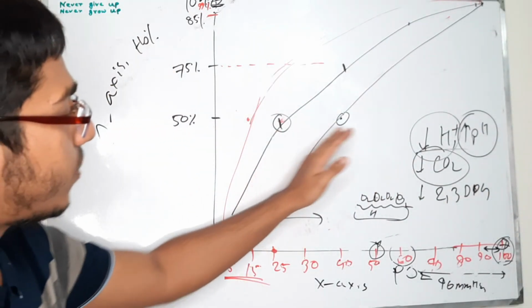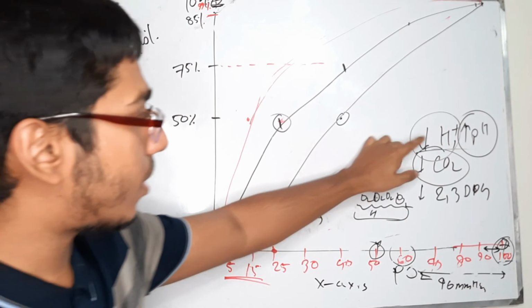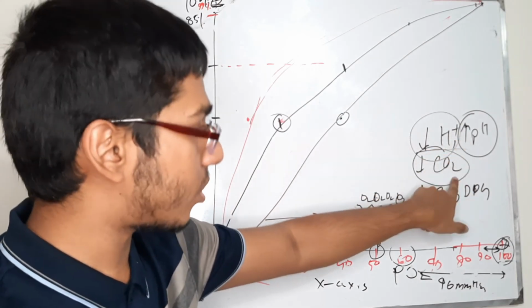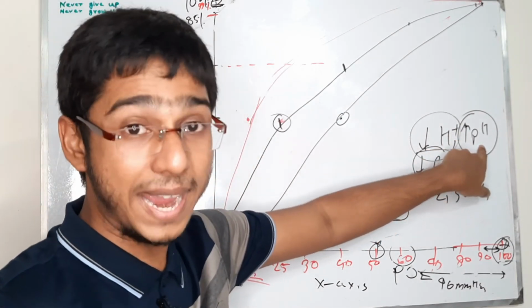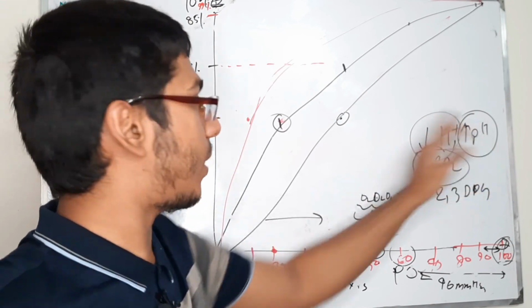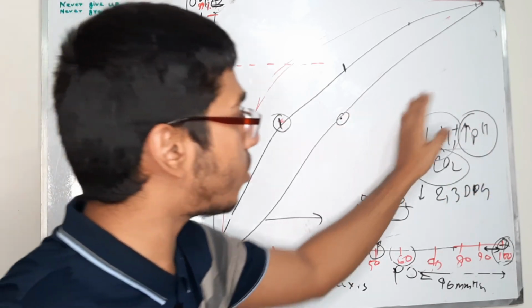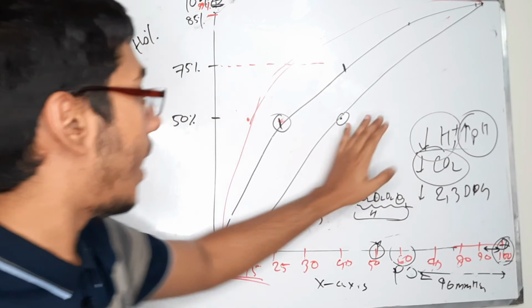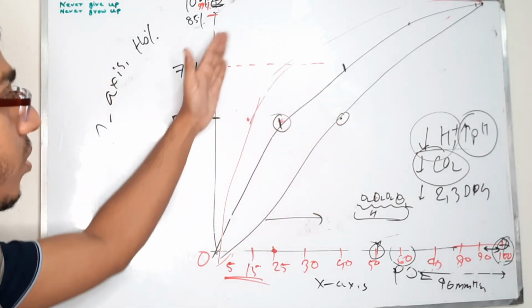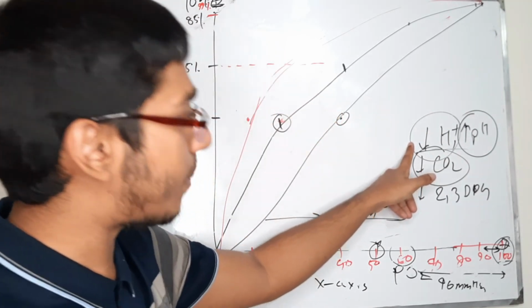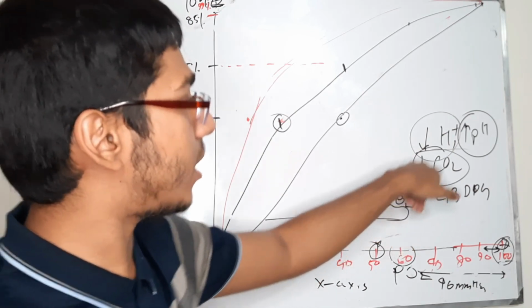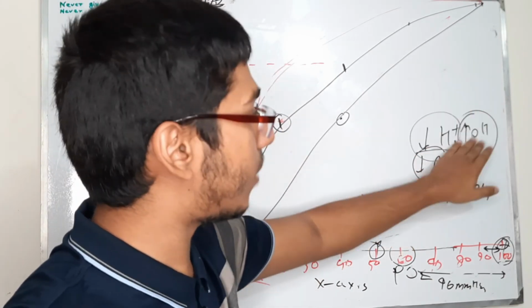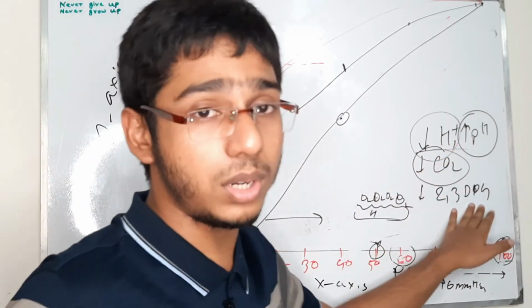When the curve shifts to the right, there is increased production of H plus, increased production of carbon dioxide, and decreased pH. The opposite phenomenon is observed when the curve shifts to the left: reduced H plus, reduced carbon dioxide, raised pH, and reduced 2,3-DPG.